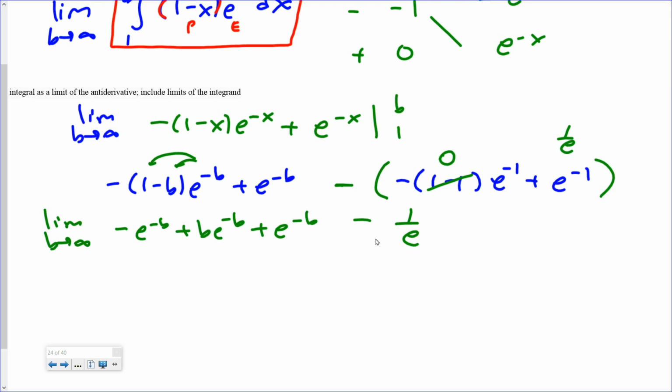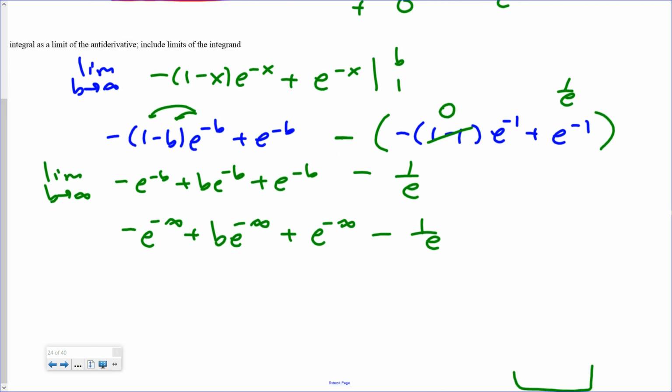Is everyone good with that? Okay, now I'm going to plug in infinity. You guys good? So that would be negative e to the negative infinity plus b e to the negative infinity plus e to the negative infinity minus 1 over e. What do I get here?